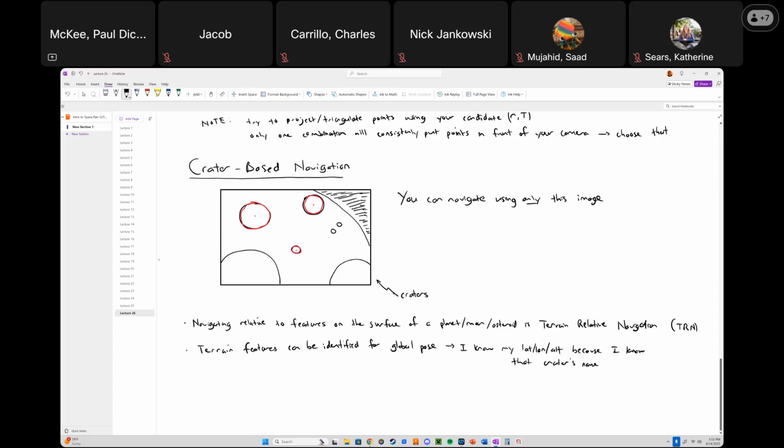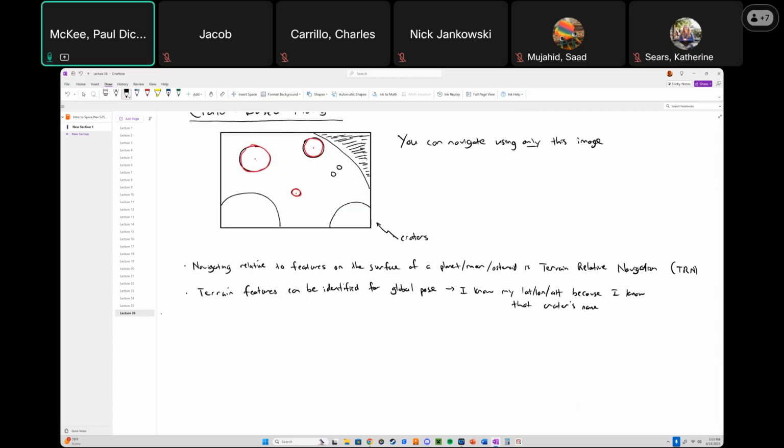Let's see. What you'll notice is crater-based navigation shares many similarities with star trackers.